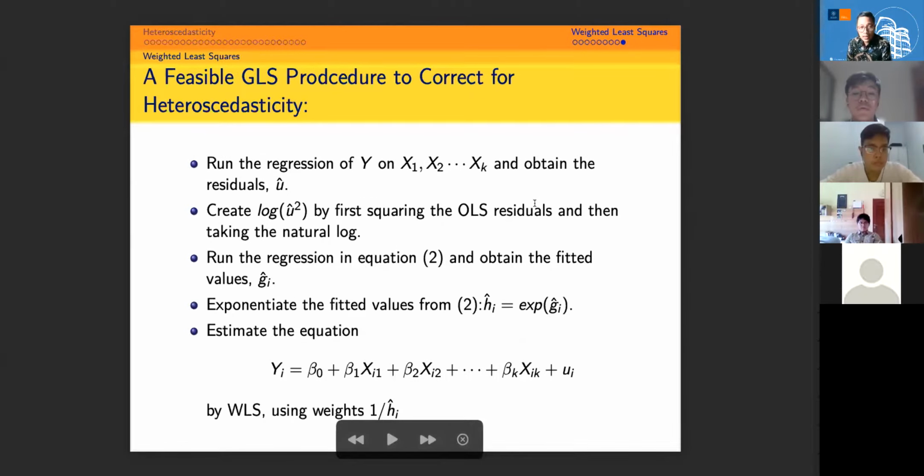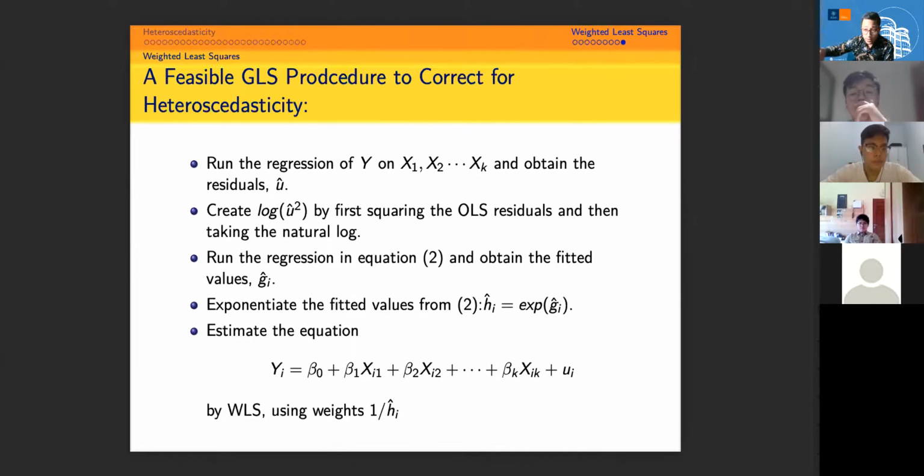So basically, this is the idea of the GLS procedure. Of course, you're not going to go through this line by line. We're going to use a built-in function in Stata that will actually allow you to obtain the estimation right away. But here's the idea.